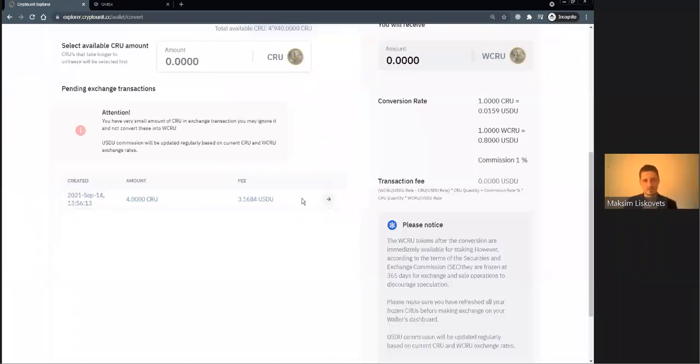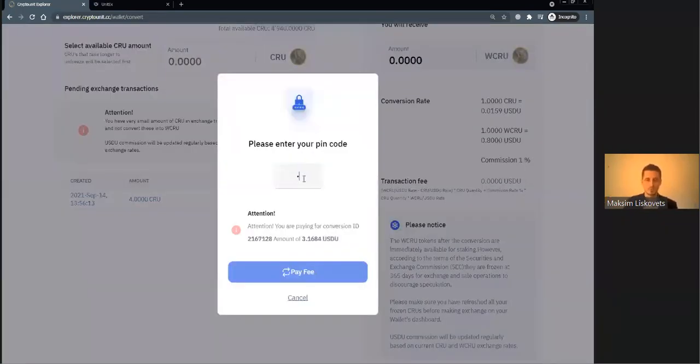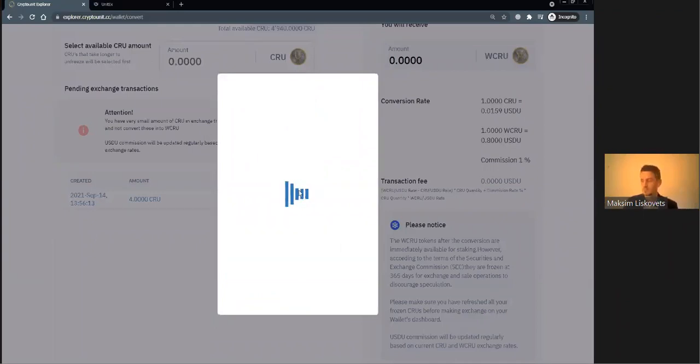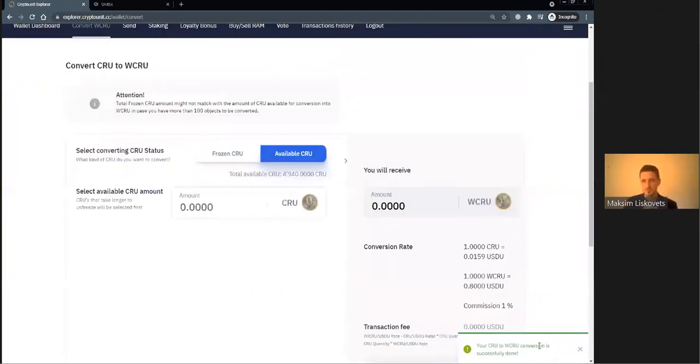After you effected your transaction, you will find this table, and you are to press this arrow. Again, enter your PIN code. It means that here you are to pay the fee. Great.